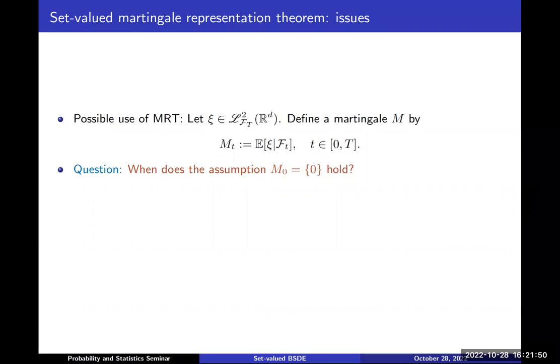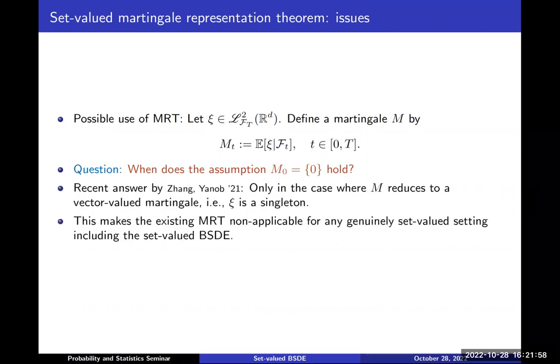Can we do it? Well, we have to verify this assumption. M0 must be 0. Does this hold? Bad news is that it does not hold unless we are in a very trivial situation. So the only case where for a set-valued martingale M0 is just a singleton is essentially the case where it's a vector-valued martingale, an ordinary vector-valued martingale, plus a fixed set.